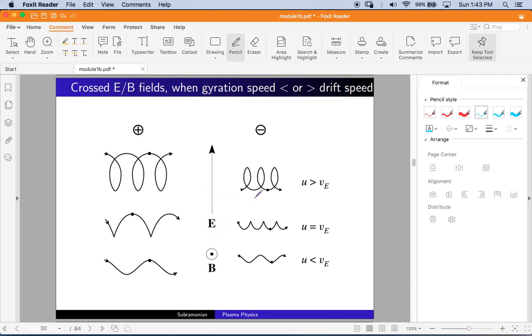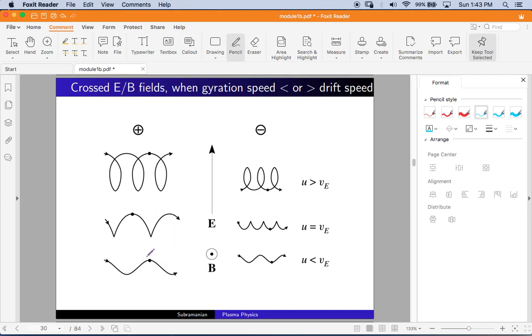It's in this direction. Now, the drift can be such that you are allowing for it. If the drift is slow, you can allow for entire gyrations to happen like this. If the drift is relatively faster, if u is equal to v_e, it will not be able to complete an entire gyration. Before it completes an entire gyration, it's forced to drift.